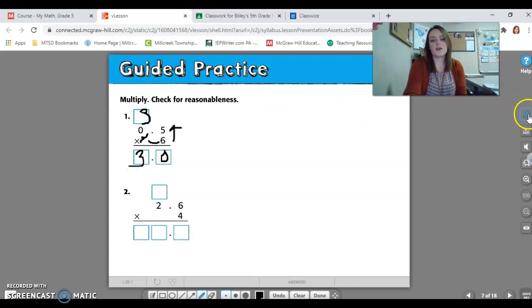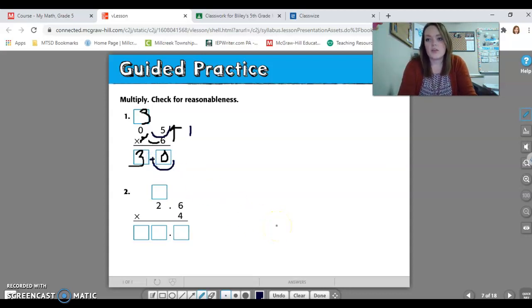Okay, so to place the decimal, they already brought it down for you, but I just want to make sure you know how to get it. We're going to look at where my decimal is in 5 tenths, and we're going to move it to the right until I have no more numbers. So one time I move my decimal. I'm going to go behind the last number of my answer and move my decimal 1 time, and this is where my decimal should be placed.